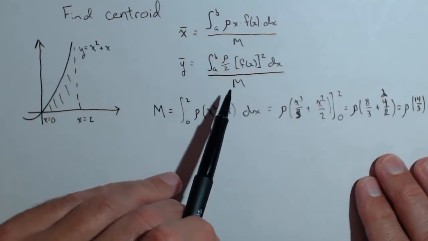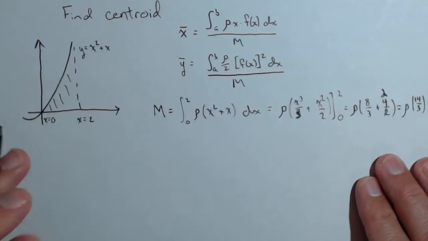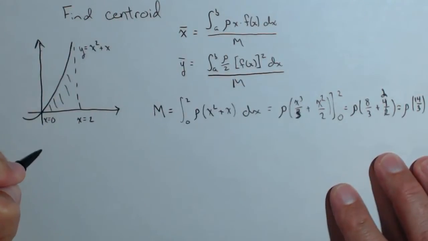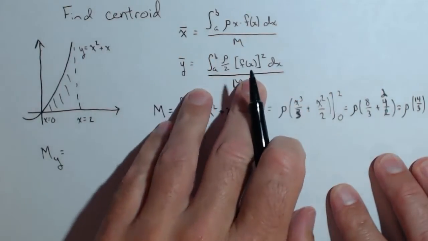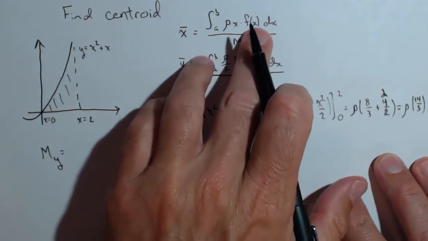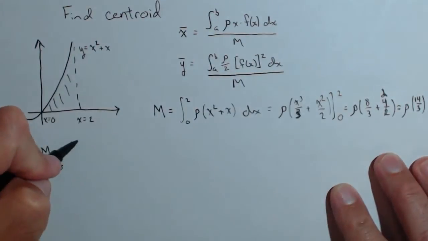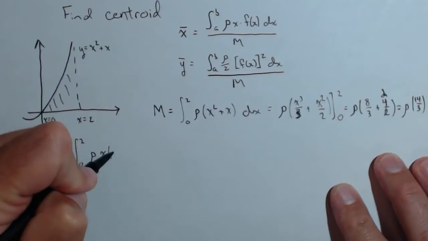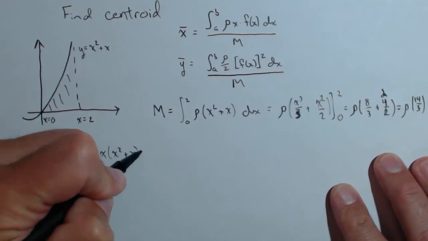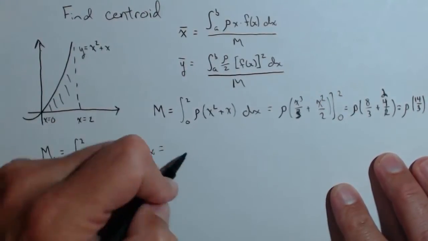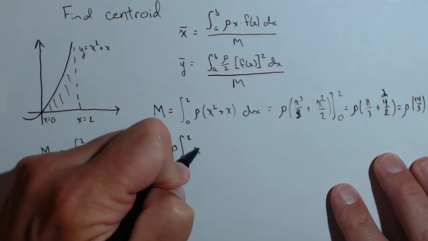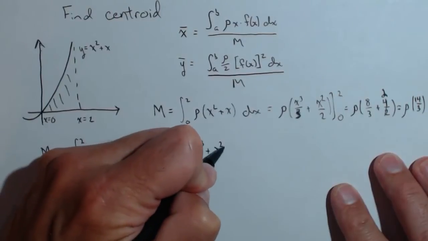What's nice is that's the total mass for both of these. Now, when we go to find x bar, we're going to need m sub y. Notice it's almost the exact same integrand as for m, except there's an extra x in there. So the integral from 0 to 2 of rho x times x squared plus x dx. I'll pull out the rho, and I've got the integral from 0 to 2 of x cubed plus x squared dx.